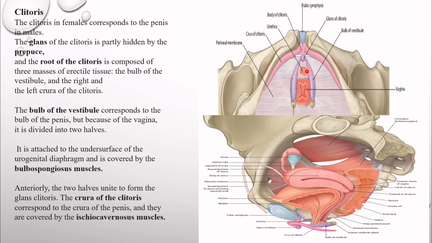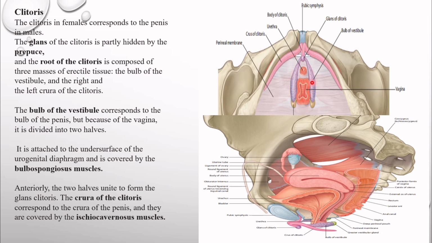We have the bulb of the vestibule, right? They look like two, but it's actually one. It's because of the vagina that they seem to be two, but they are just two halves that make one bulb. Then we have two crura, the right crus and the left crus.